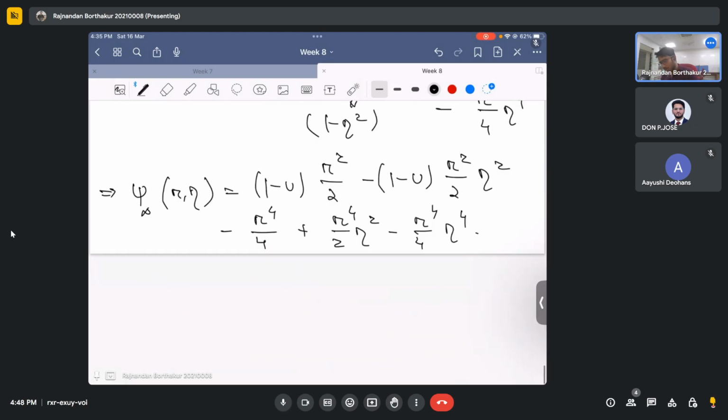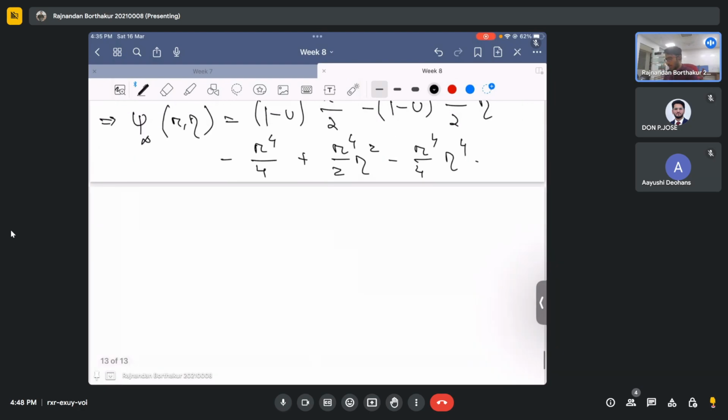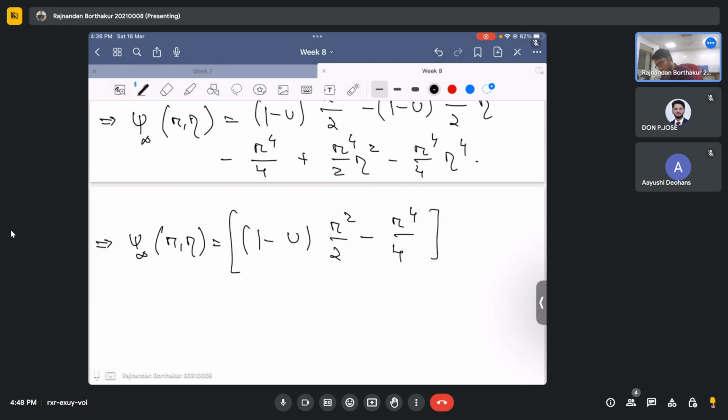I think that's all the terms that will be there. So I will now write this psi infinity as something like this. Just have a look and let me know. Psi infinity can be written as 1 minus u into r squared by 2 minus r power 4 by 4.